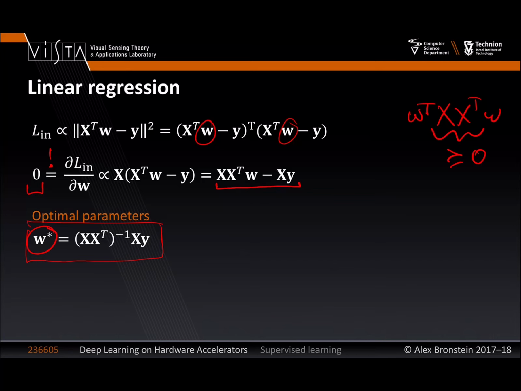Optimal meaning minimizing the loss function that we chose. So now if we select H parameterized with this W star, it will be the best out of all linear hypotheses to fit our training set. Any questions?